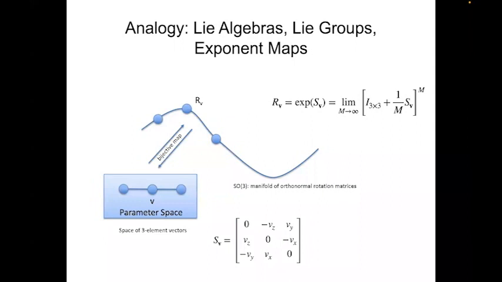However, we have different ways in which we can parameterize rotation matrices using a vector space. So for example, one of these is called the exponential map, where we can take a three-dimensional vector, place it into this skew-symmetric matrix S(v), and then exponentiate this skew-symmetric matrix S(v).